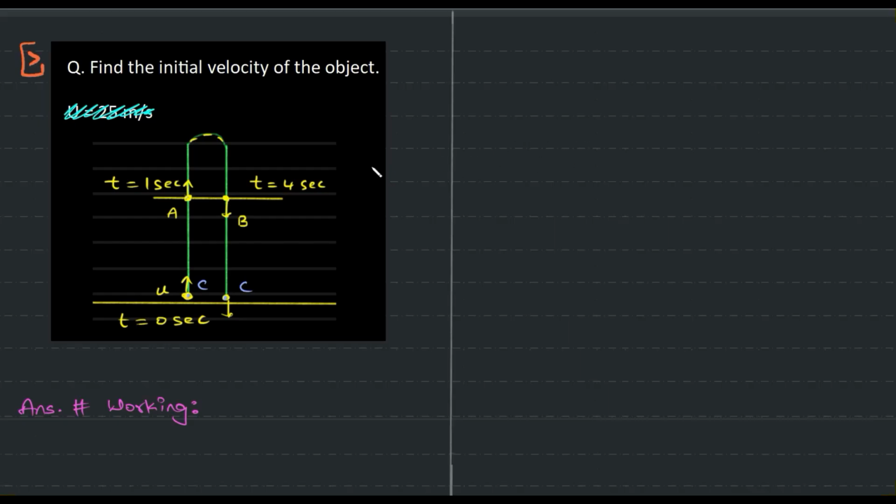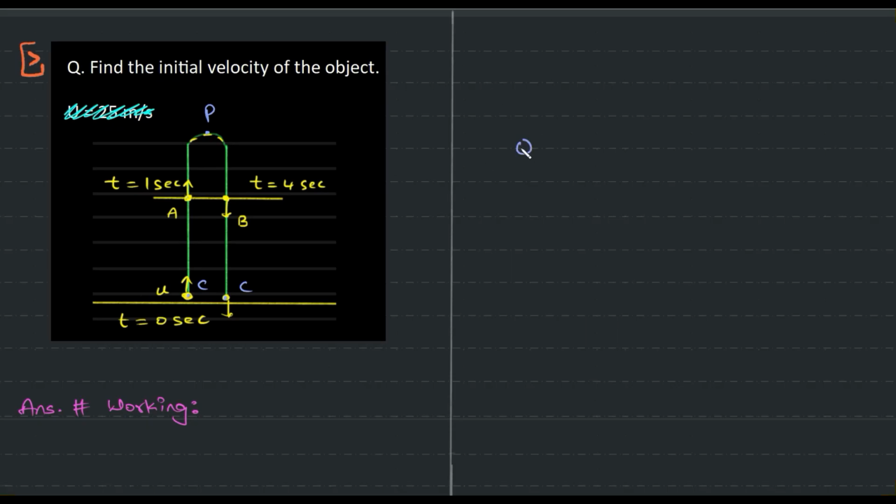So basically the time for going up from A to the top point P is 1.5, P to B is 1.5. With this information, we should be able to figure out the answer.